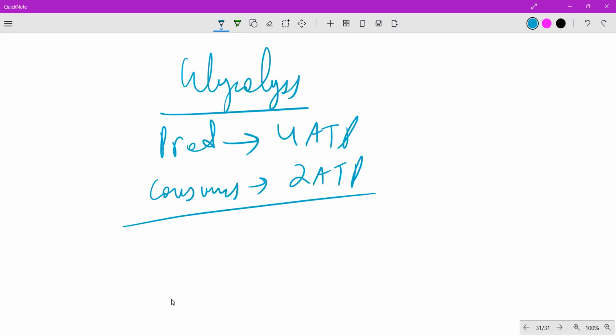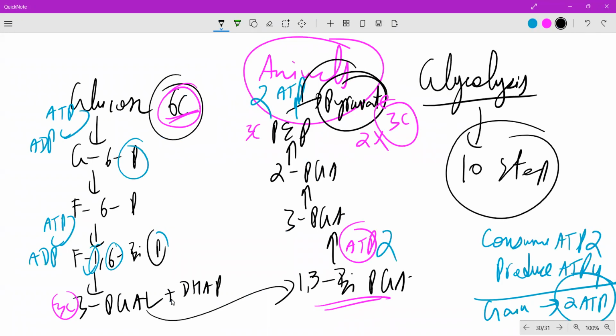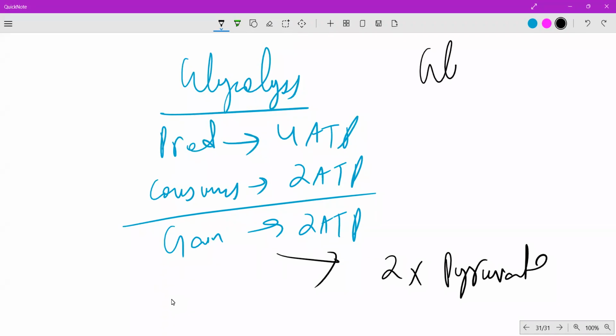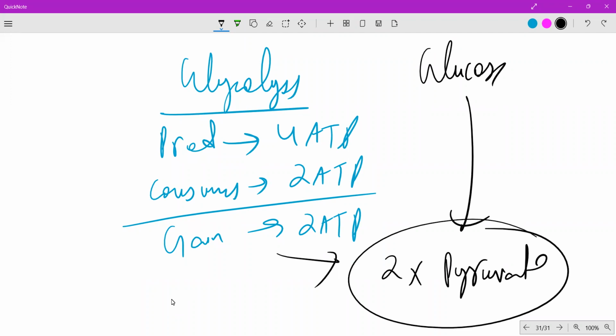So that means there's a net gain of 2 ATP. And what is the end product? देख रहे हो क्या है? Pyruvate. We also get 2 molecules of pyruvate. And we started with a molecule of glucose. And at the end, we get 2 molecules of pyruvate. All in cytoplasm. सब कहाँ हो रहा है?